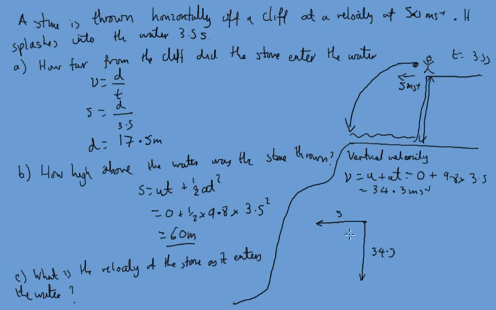And so we now can use Pythagoras to work out the resultant vector. So we'll call this c, because a squared plus b squared equals c squared. So that's 5 squared plus 34.3 squared is going to give us c squared, which gives us c equal to 34.7 meters per second.